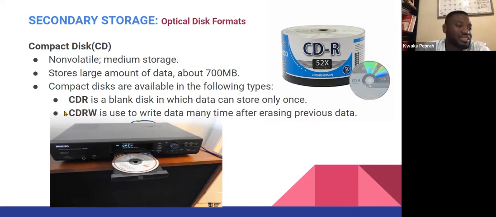And we have the CD-RW, rewritable, which is used to write data many times after erasing previous data. So you can put information on there, erase it, and then store whole new data on it. You can put music on there, put it in a CD player, and play the music.